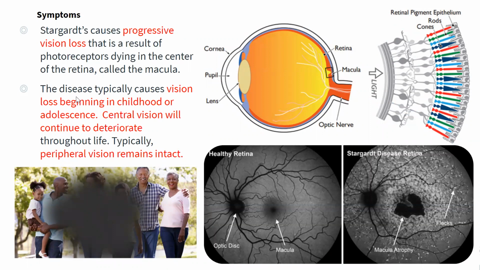Yeah, glaucoma. 7.6 billion. Wow. Man, we're on our way to 8, guys. This was 2019.